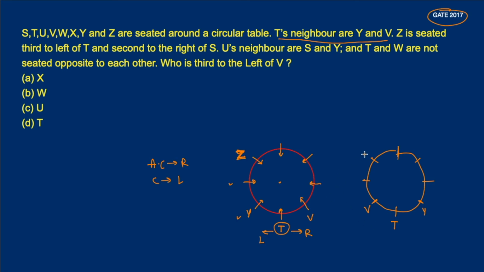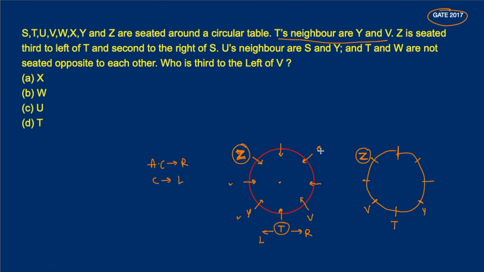Similarly, in this other arrangement also, the position of Z will be fixed third to the left of T. Now it says third to the left of T and second to the right of S. So Z is over here. Of course, this side of Z will be left only. The position of Z is second to the right of S, so where should S be sitting?